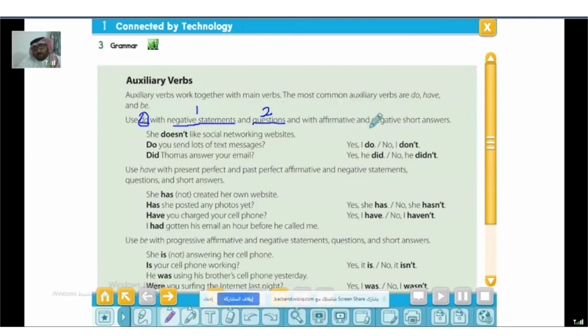Number three, affirmative and negative short answers. See here, we use do with also affirmative and negative short answers. Number four, with negative short answer.